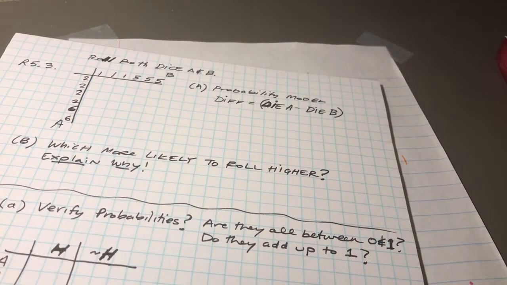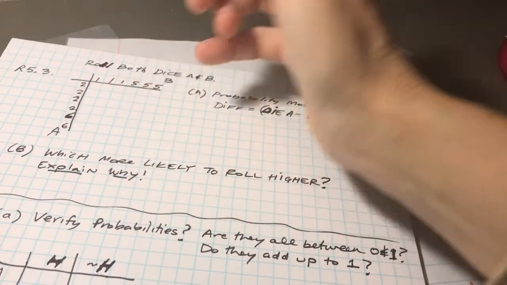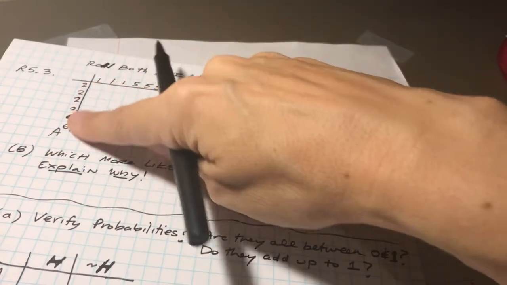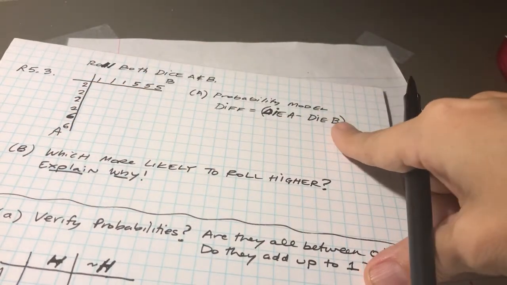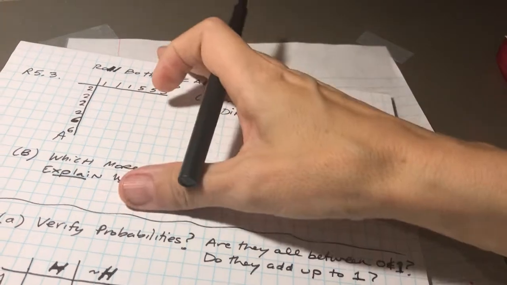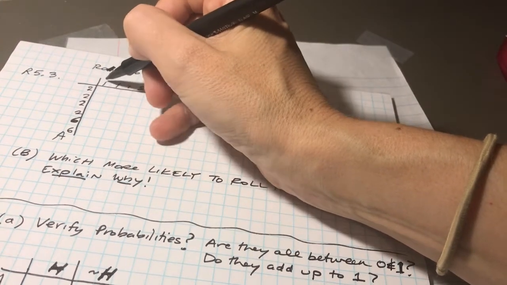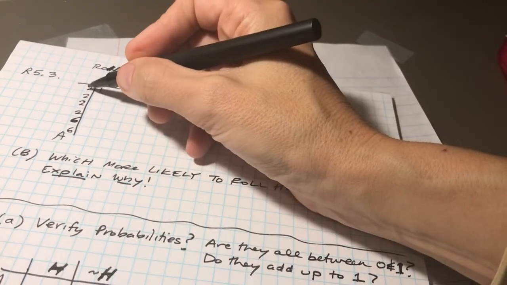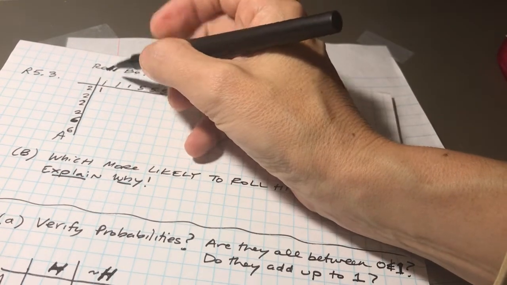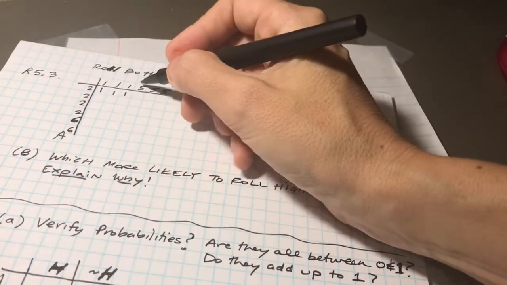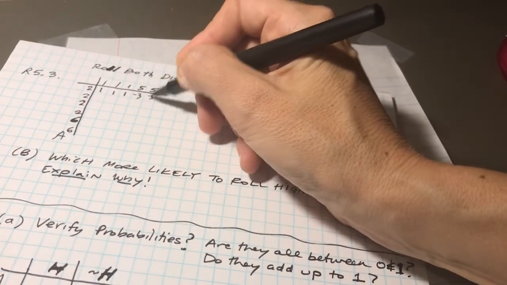Okay, so that's pretty easy. The difference, I just have to make sure I'm subtracting in the direction they want me to. So they said take the outcome of dice A and then subtract dice B. So here in the simulation, I get a 2 and a 1. So 2 minus 1 would be 1. Here, I roll a 2 and a 1, and I get a 1. 2 minus 5, I'd get a -3.